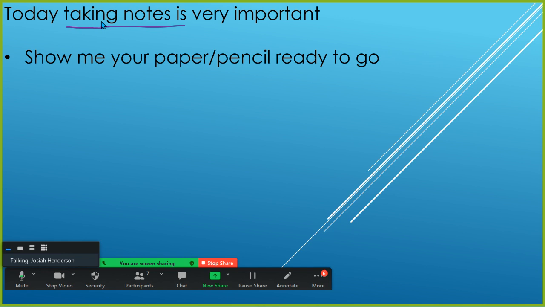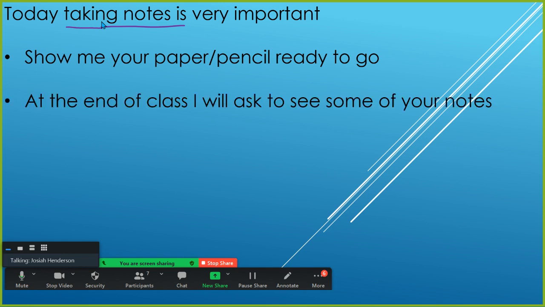I'm going to pull my camera up real quick so I can see all of you. I'd like you to show me your paper and pencil so I know you're ready to go and have your materials ready to take some notes. At the end of today, I am going to ask to see your notes, so just a fair warning. I want to see that you've taken some notes in class. You'll have the new rules.